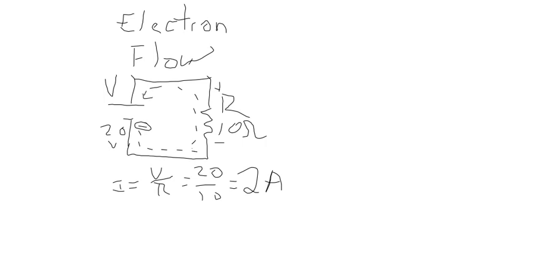Now, I know the positive side from the negative side of the battery because the narrow line is the negative side, and the wide line is the positive side. Sorry, I'm still getting used to the software. Bear with me.